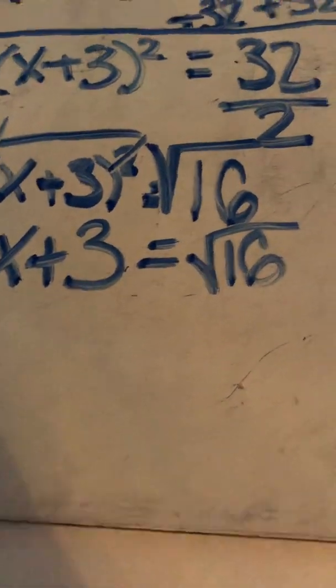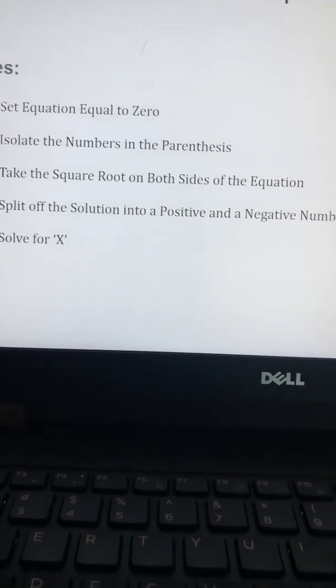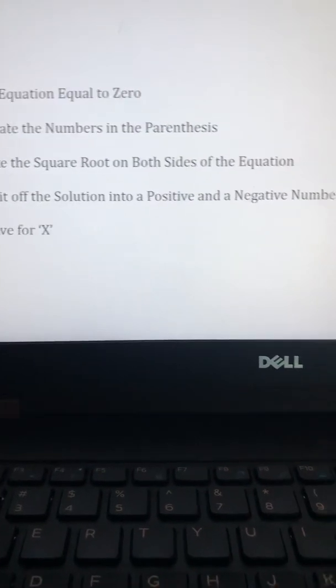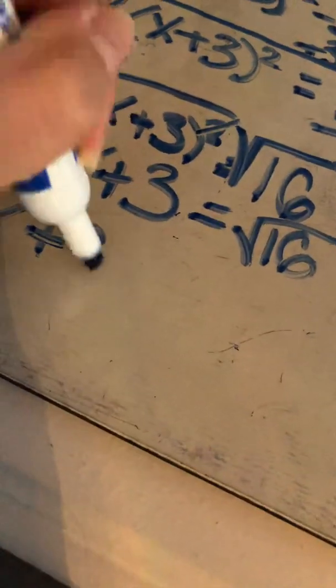Step 3 is done. Step 4 is to split off the solution, so whatever the equation is equal to, into a positive and negative number. That means we need to find the square root of 16. I hope you know there is more than one square root of 16. The square root of 16 is positive 4.